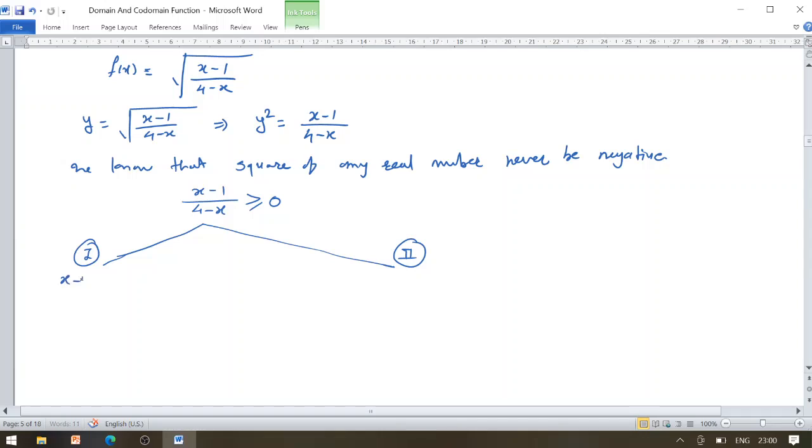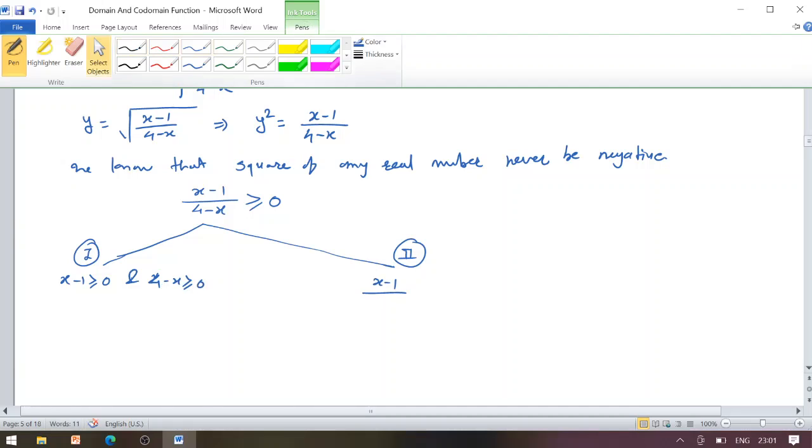So for that, x minus 1 is greater than or equal to 0 and 4 minus x must be greater than or equal to 0. Both are positive, then the division becomes a positive result. Now once both are negative, then the division becomes a positive as well.